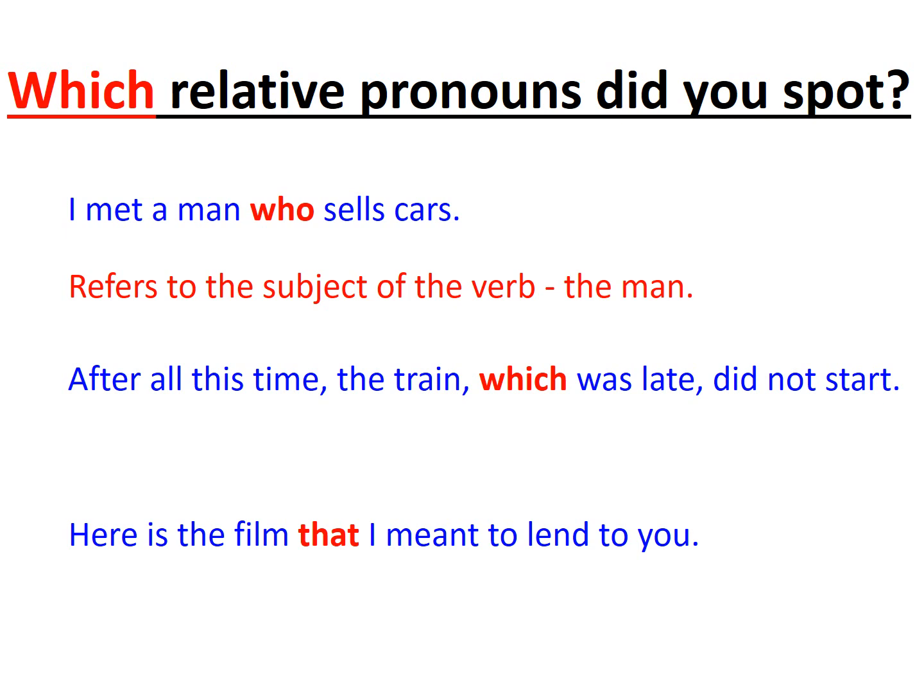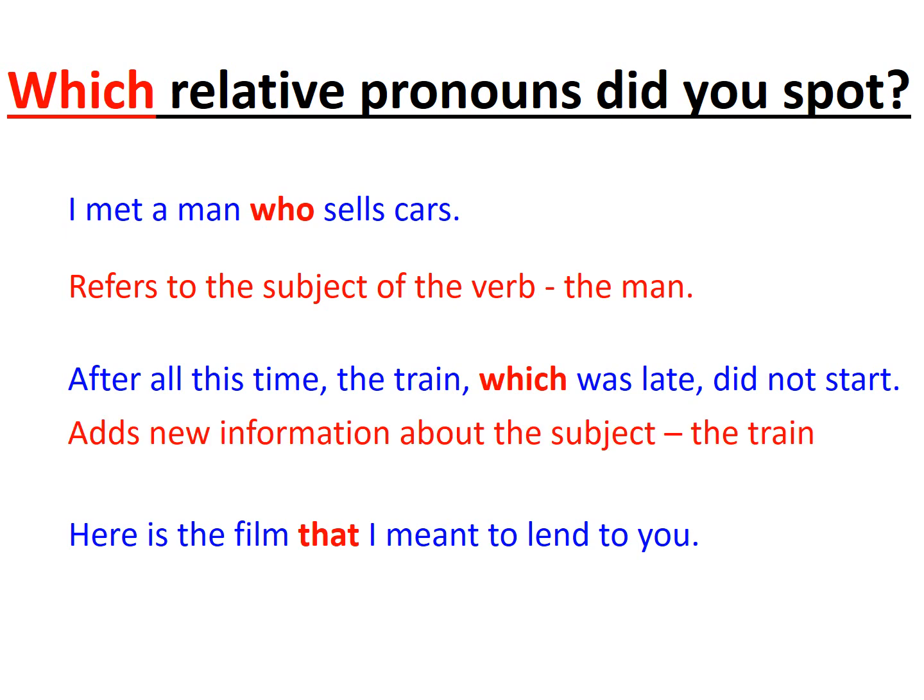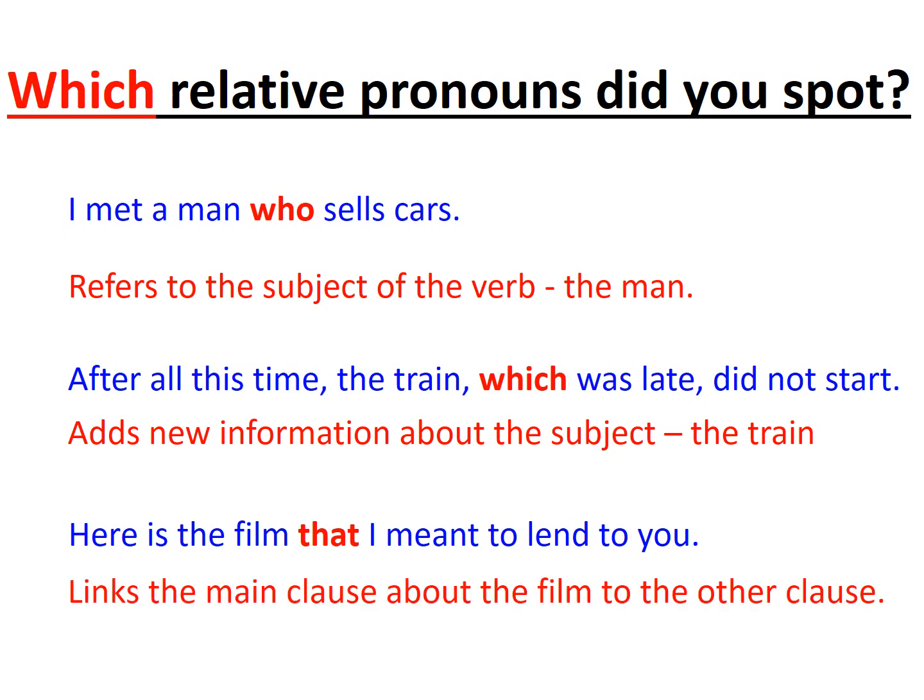The relative pronoun which helps us to understand new information about the subject, in this case the train, that was not only late, but failed to start. And finally, here is the film that I meant to lend to you. The word that, which is a relative pronoun, links the main clause about the film to the other clause about the film.